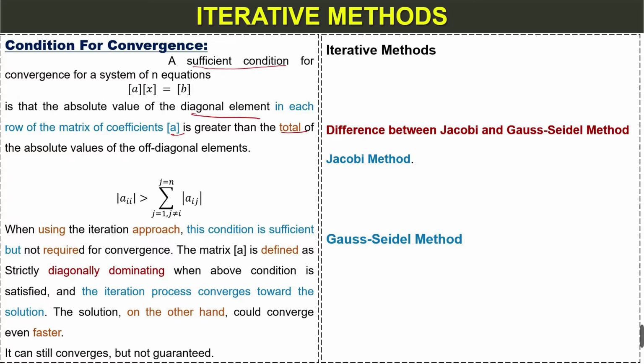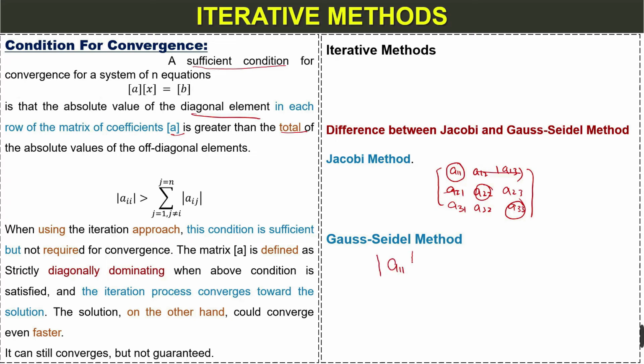What does it mean? For example, we have a matrix with rows a11, a12, a13; a21, a22, a23; and a31, a32, a33. These are the diagonal elements and these are the off-diagonal elements.